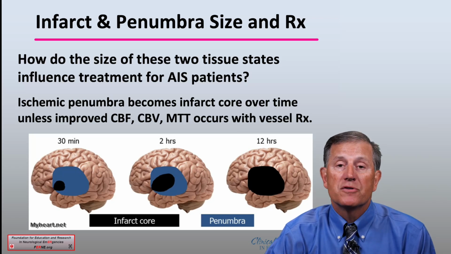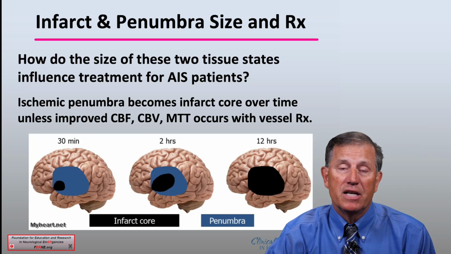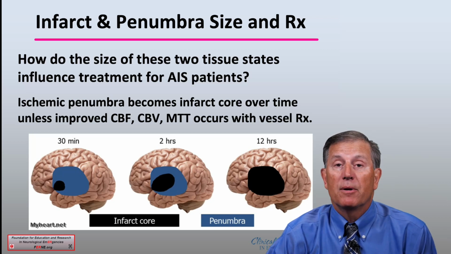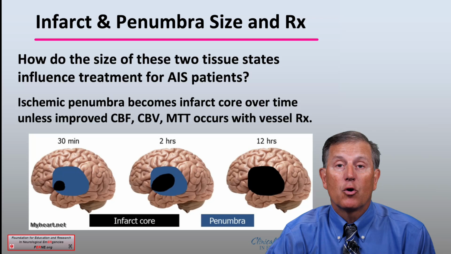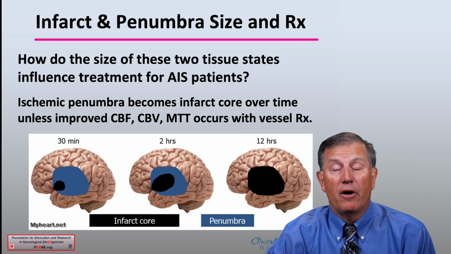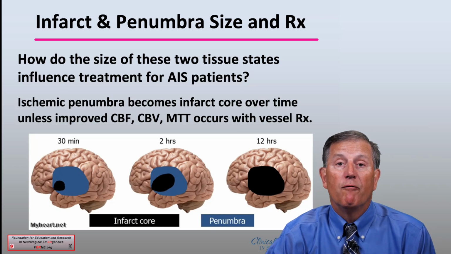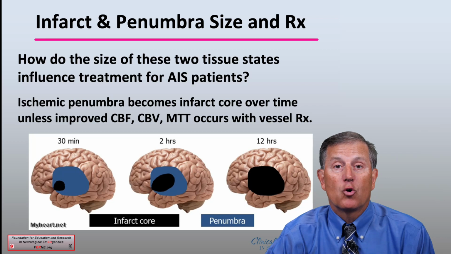And at 12 hours, all of that ischemic penumbra tissue has now become established infarct, and long-term effects will be manifested because of the large volume of the core infarct. If, on the other hand, it is possible to avoid changing that ischemic penumbra into core infarct, and if it is possible to minimize the size of the core infarct, the long-term complications are minimized and the patient has a better outcome when looking at modified Rankin scale at 90 days.